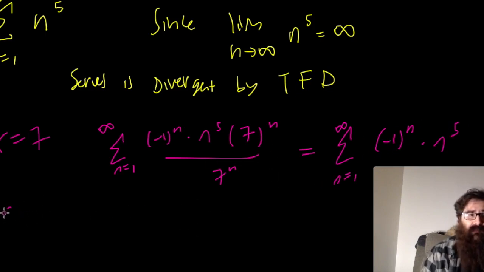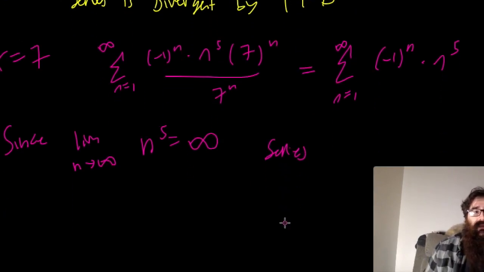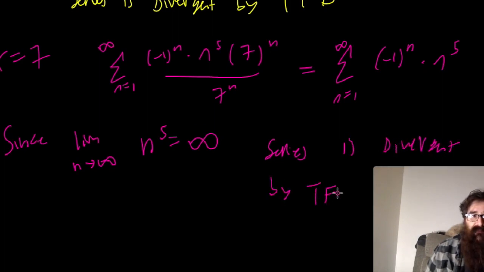We would say, well, since the limit as n goes to infinity of n to the fifth is infinite, this series is divergent by the test for divergence. We'd say the alternating series test fails.